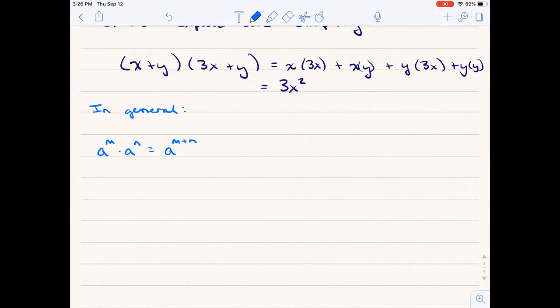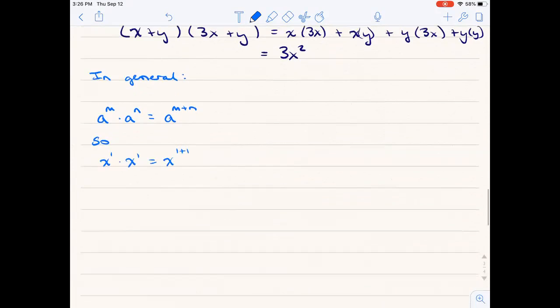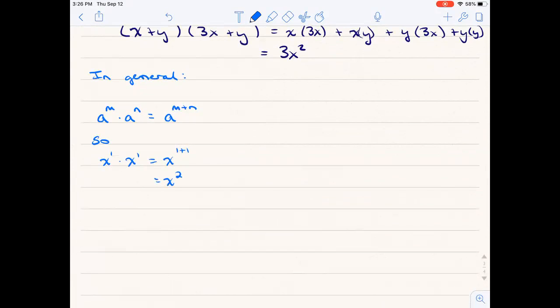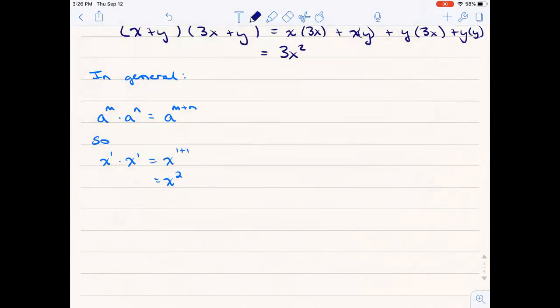So what I mean here is x times x is just x squared, but that's because you have x to the power of 1 times x to the power of 1, and so you're doing x to the power of 1 plus 1, right? We'll talk more about exponents later, and so that's why I'm not diving into it. So x to the power of 1 times x to the power of 1 is x to the power of 1 plus 1, which is x to the power of 2. Okay. But we'll talk more about exponents later on.